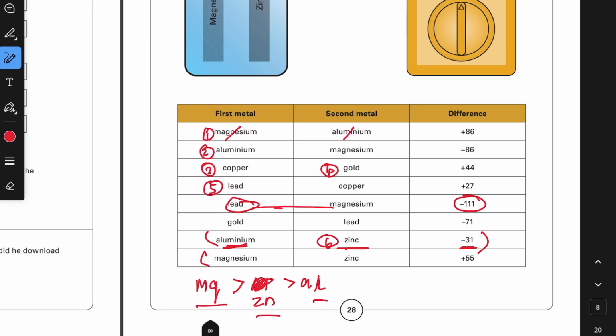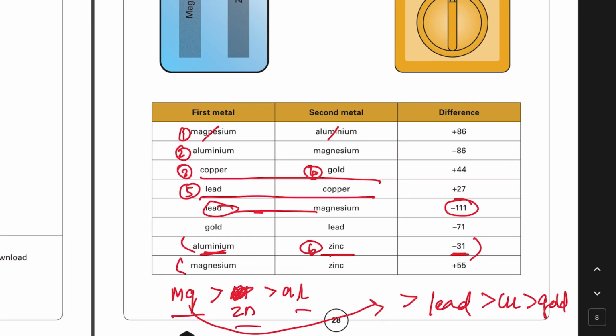So we can write lead. And when you compare lead and copper, lead is more reactive than copper. And when you compare copper and gold, copper is more reactive than gold. So we have created the series according to what they have given.